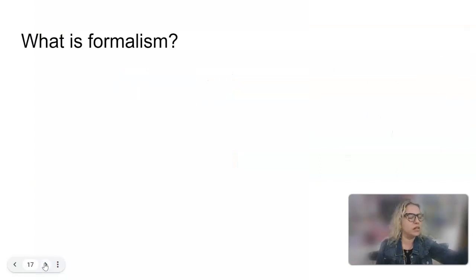First of all, formalism is the dominant critical movement in literature and art in the middle decades of the 20th century. It was a response to what came before it, like most movements, and in 1941 it was coined the new criticism because it was something new and different.